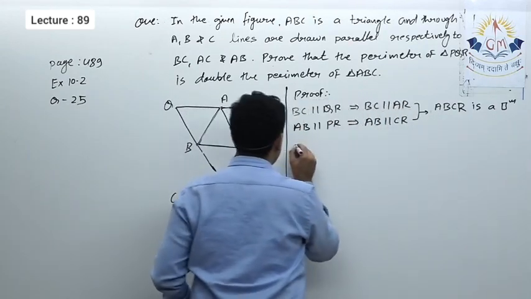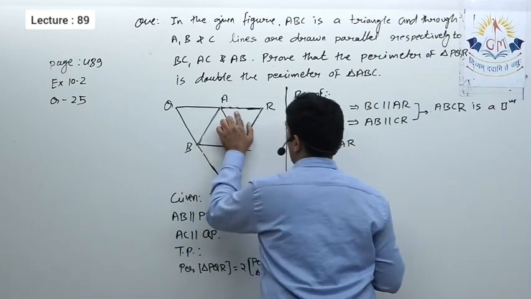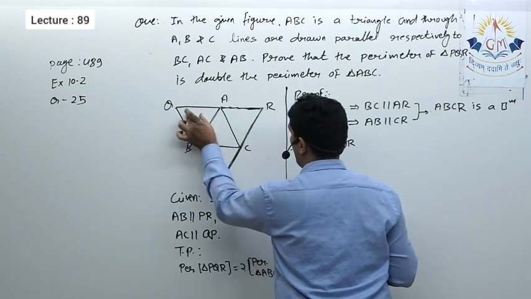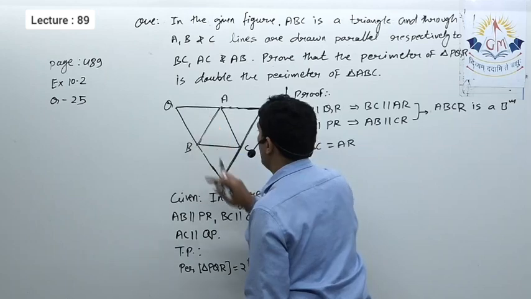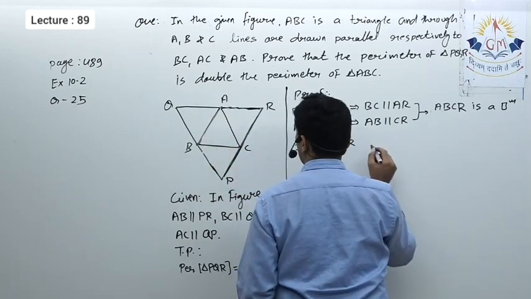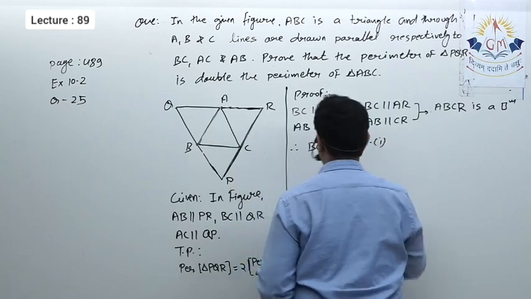Therefore BC is equal to AR, as well as BC equal to AQ. Let it be the first information: BC equal to AR.